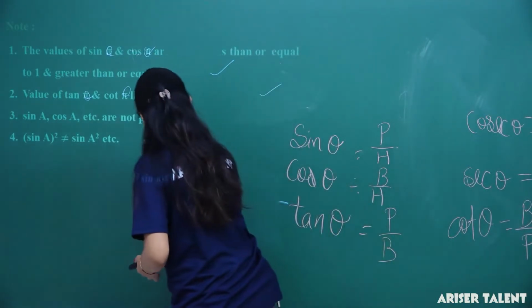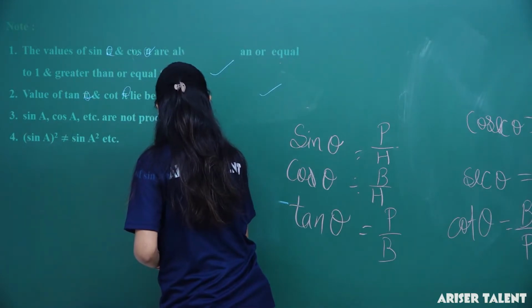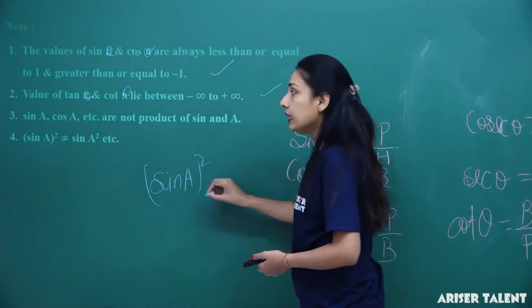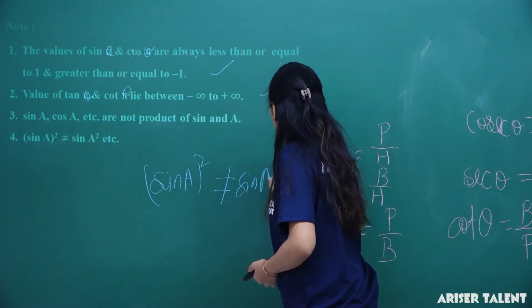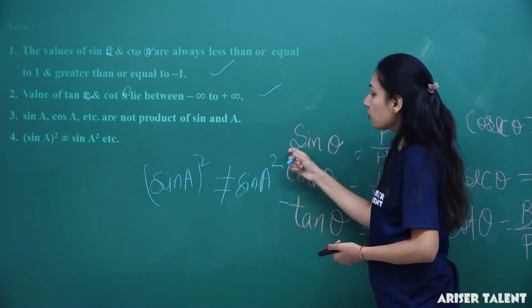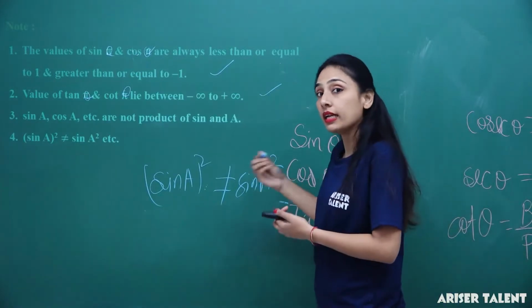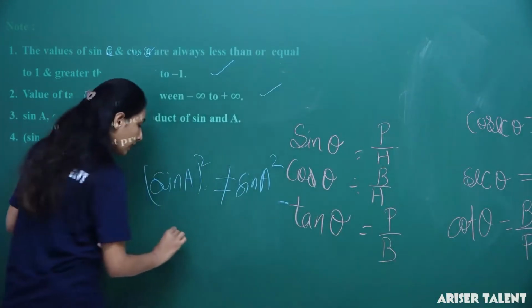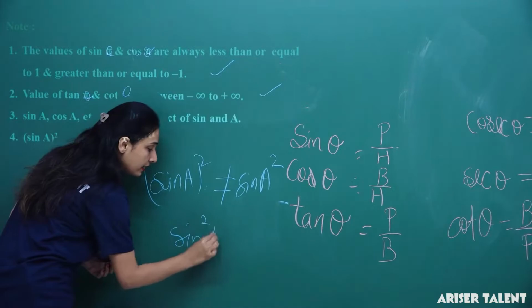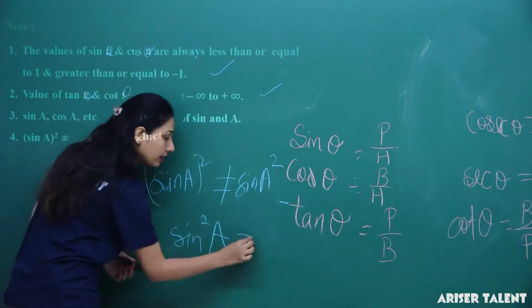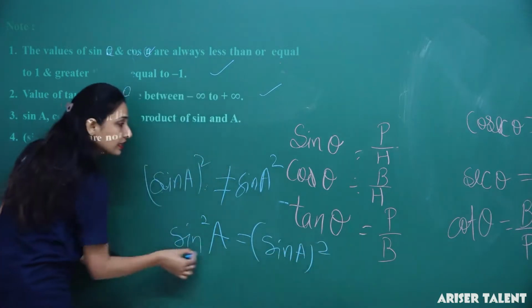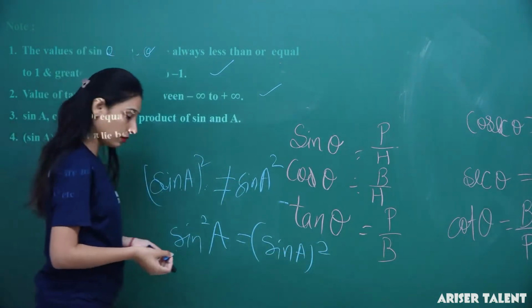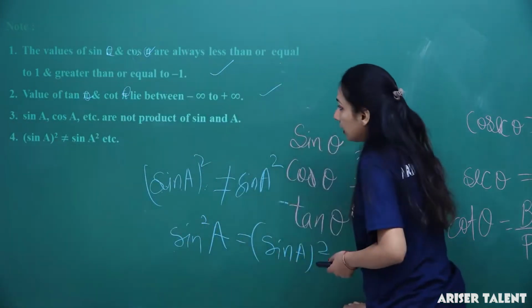Similarly, sin A whole square cannot be written as sin A square. Sin A square is a different thing, sin square A is a different thing. If you write sin A whole square, these two are the same, but these two are not the same.